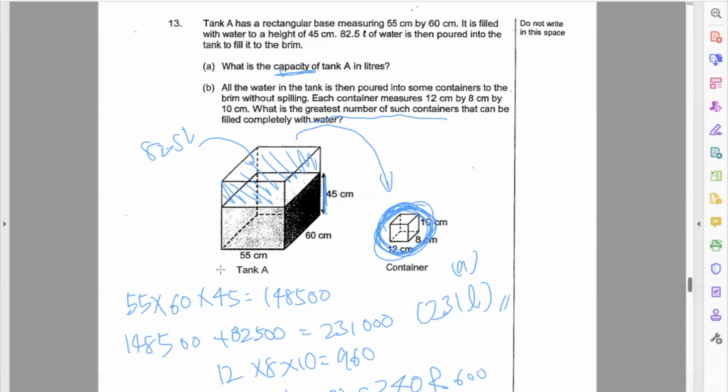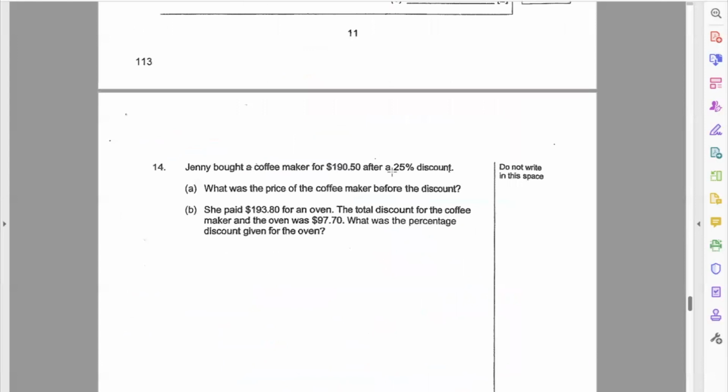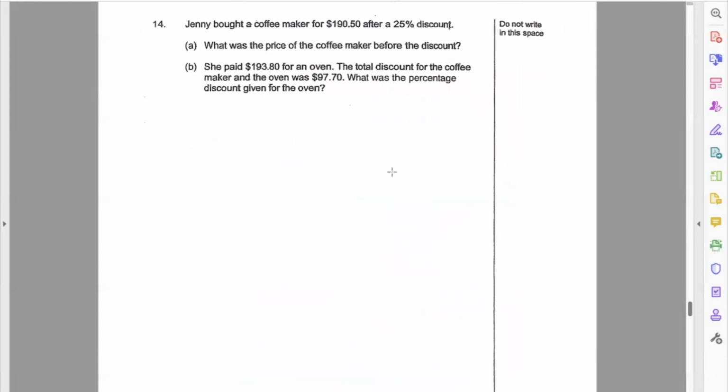Let's continue with question number 14. So question 14, Jenny bought a coffee maker for $190.50 after a 25% discount. What was the price of the coffee maker before the discount? Okay, this is pretty easy.